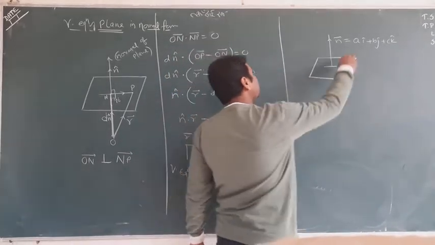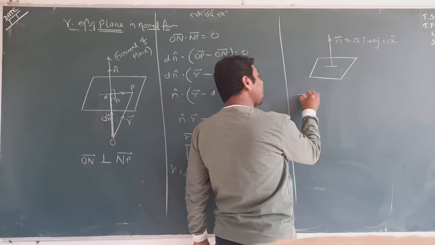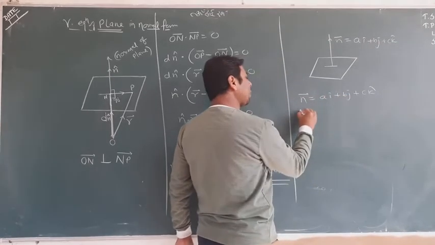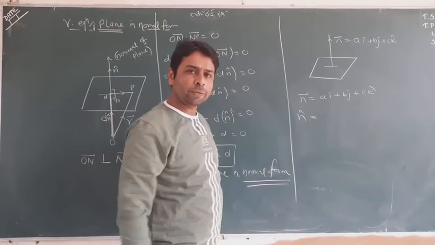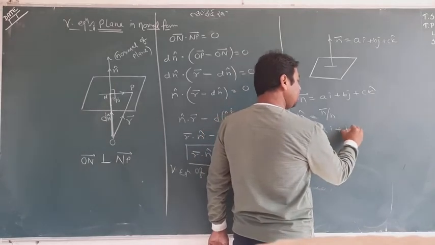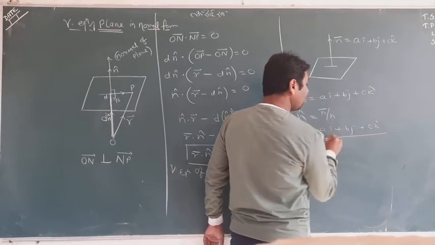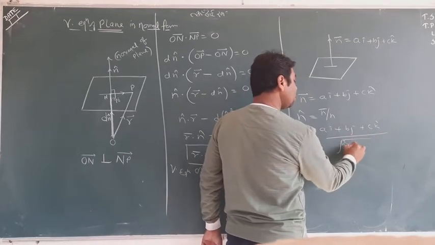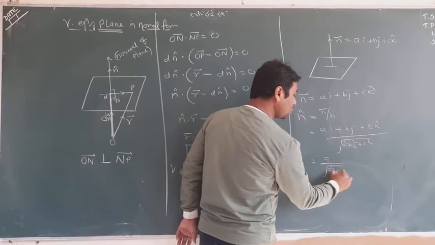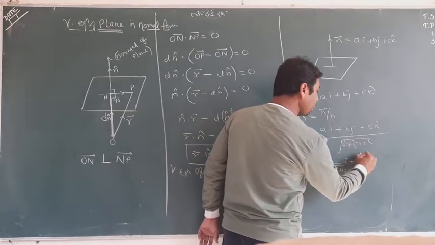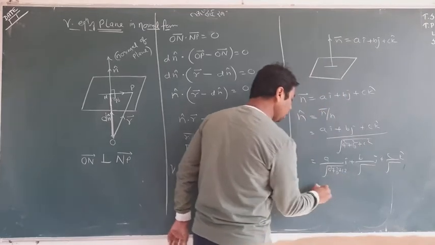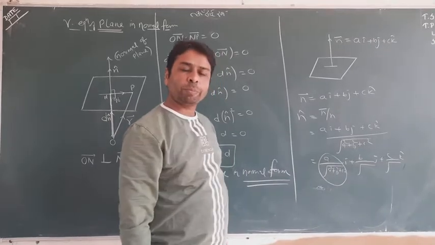After finding n, n contains Ai, Bj, Ck. When you find n cap, do you know the definition of n cap? Vector n upon mod n. So Ai, Bj, Ck upon mod n, which is the square root of A square plus B square plus C square.